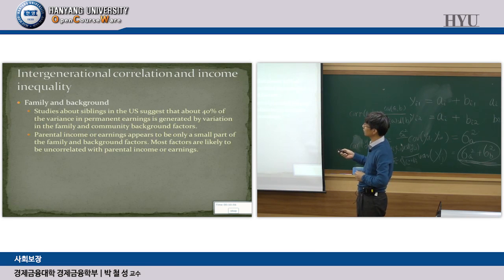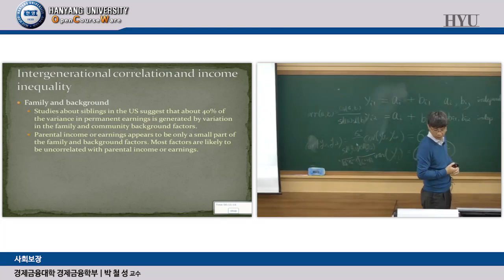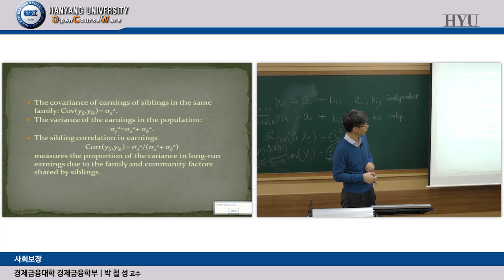Now, what are the numbers that they actually found? Studies about siblings in the US. Lots of studies are done for the US population, because first they have this long-term data. About 40% of the variance of permanent earnings is generated by the family and community background factor, which means this correlation turns out to be about 0.4.